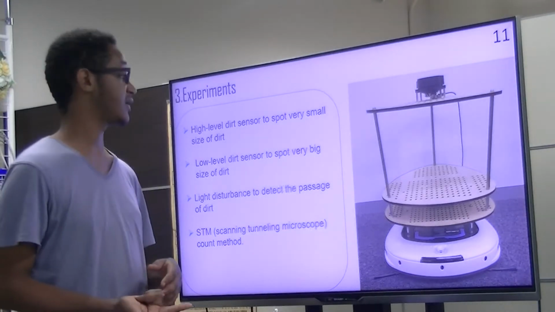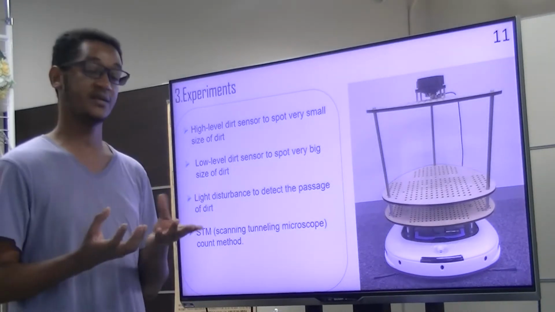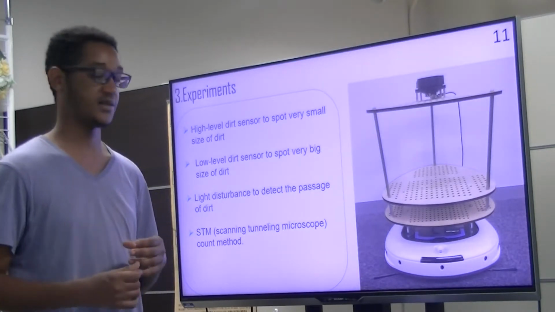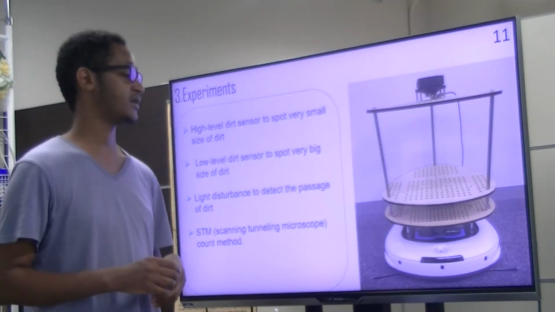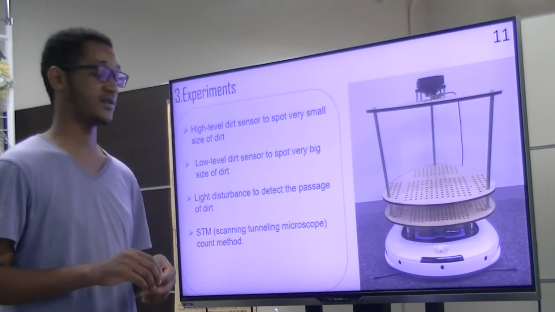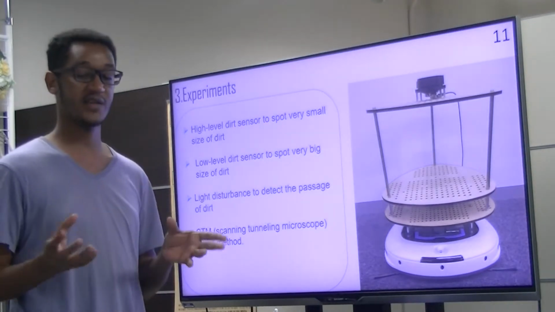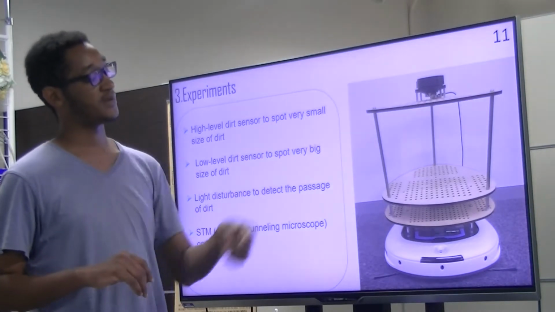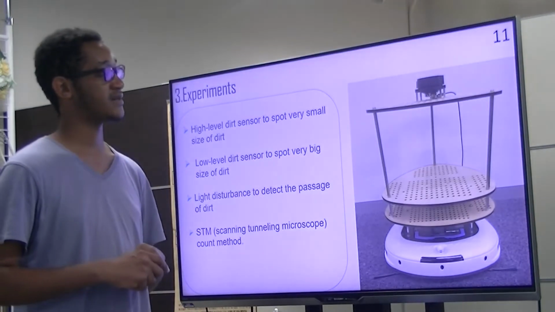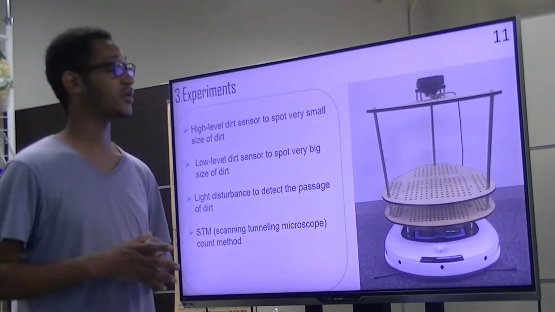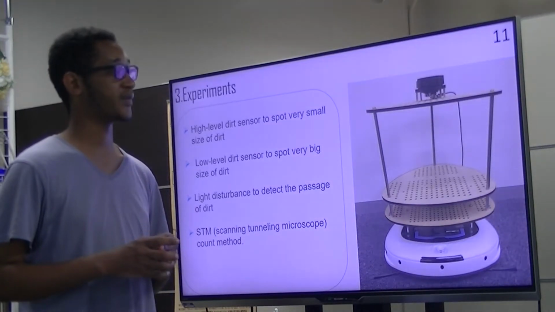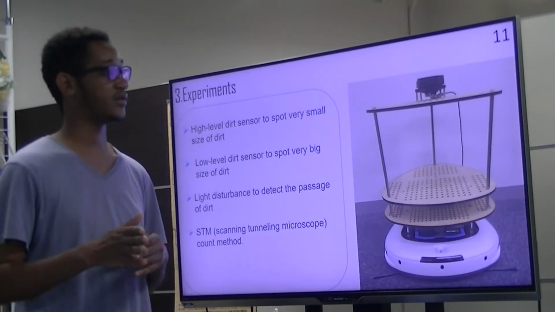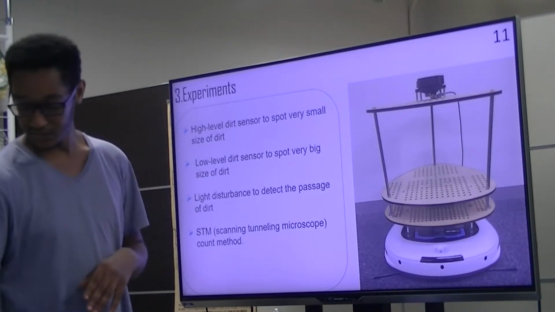High-level dirt sensors which can detect very small sizes of dirt, and a low-level dirt sensor which detects very big sizes of dirt. And on top of the robot we have LiDAR sensors which allow the robot to draw a map of the room or navigate in the room without bumping into obstacles.